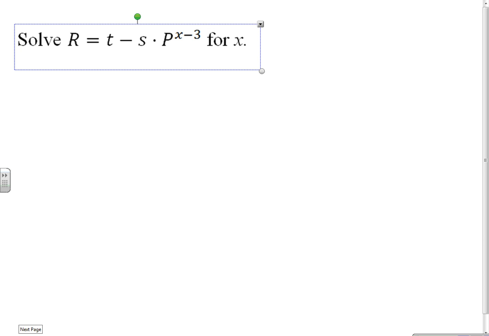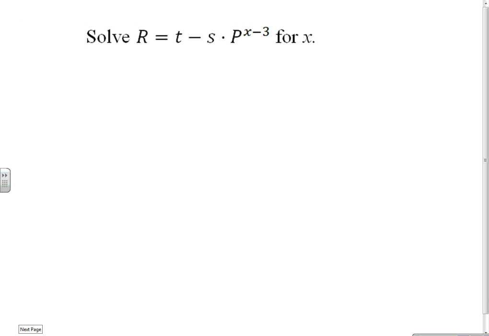So here, again, we're solving for x, so we want to isolate this part here. To do that, we need to, first of all, peel back the different layers. To do some of that, I need to get rid of the t.